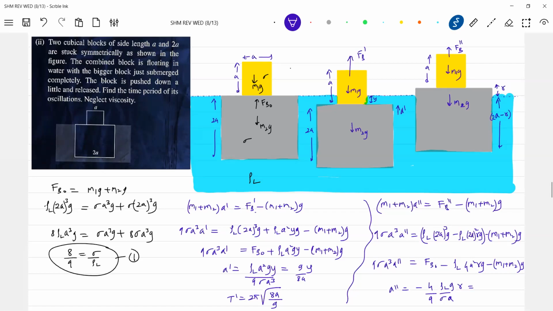Sorry, minus GR by 2A. 4 will be there, no? Eight, 9 will get cancelled, 8 will be, okay, this one. Minus GR by 2A.